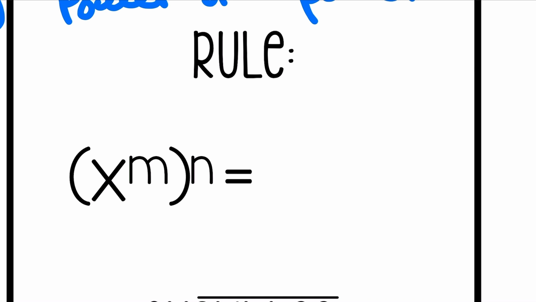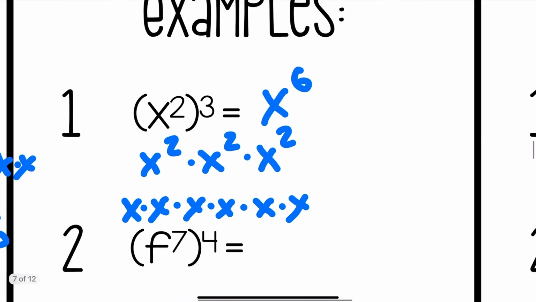If you have your base, an exponent on the inside, and an exponent on the outside, you are going to multiply these two to get your answer. So our answer is going to have our base to the m times n. And we're going to use that rule to do the rest of these.